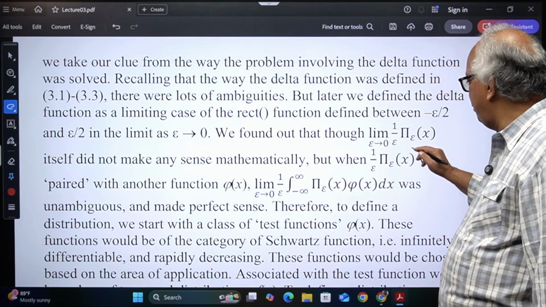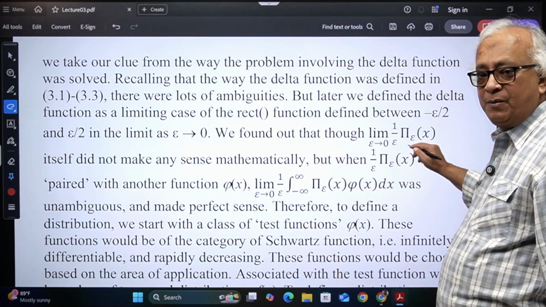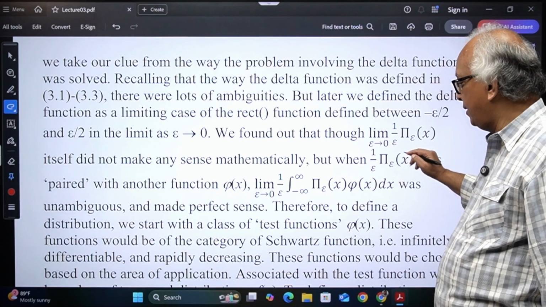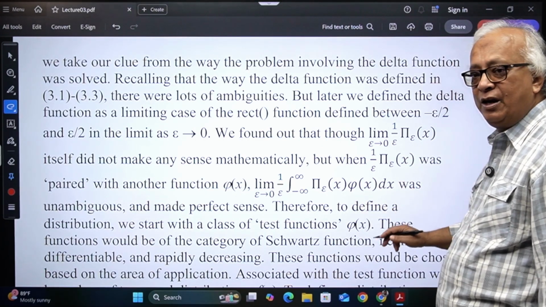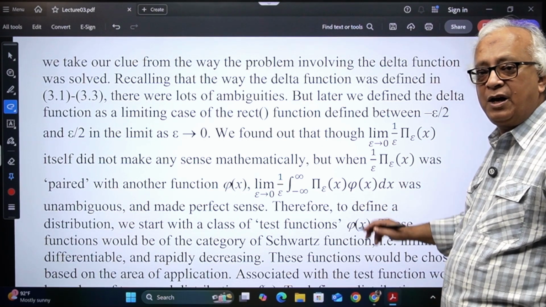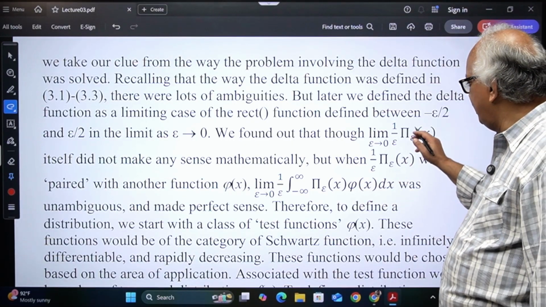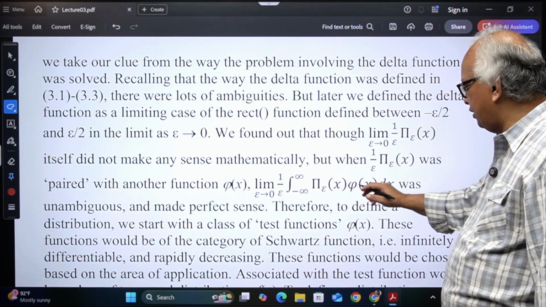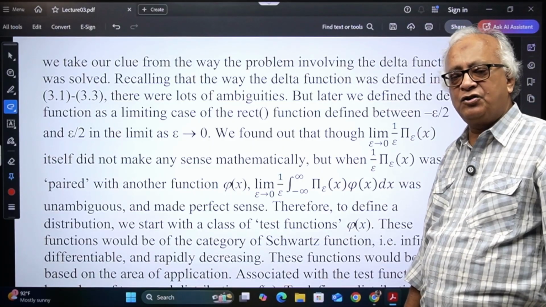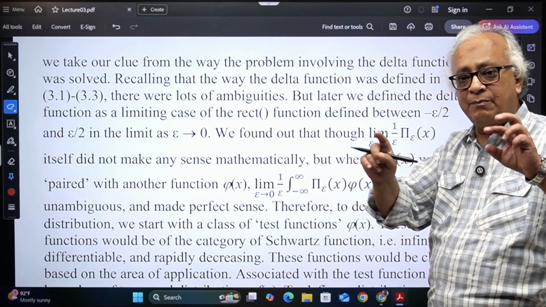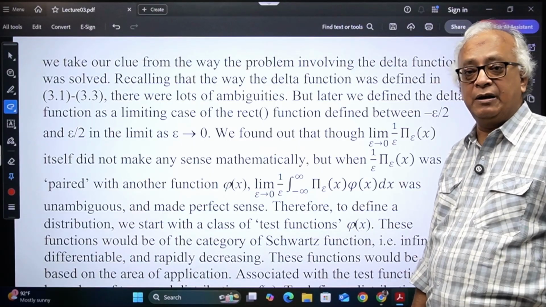Rect function epsilon approaching 0 is a problem, কারণ এটার লিমিট আমি নিতে পারছি না। কিন্তু আমি যখন phi দিয়ে মাল্টিপ্লাই করে ফেলবো তখন this becomes unambiguous. Therefore, একটা problematic ফাংশনকে যদি আমি একটা phi ফাংশন দিয়ে মাল্টিপ্লাই করে দিই এবং ইন্টিগ্রেশন করি, then it can become clean, and it does become clean.